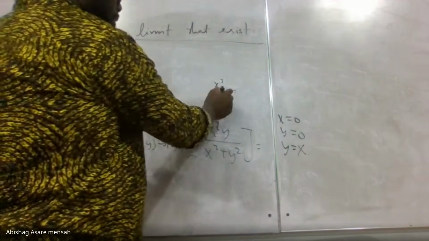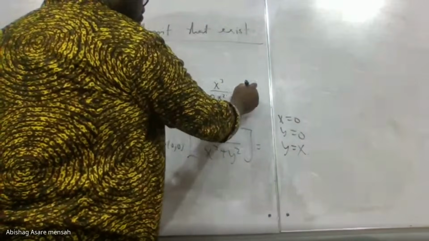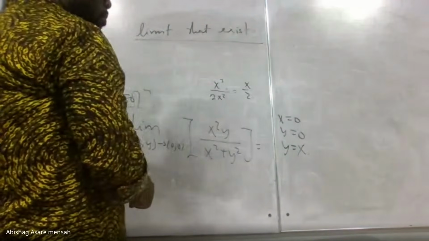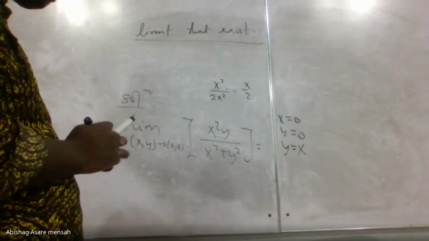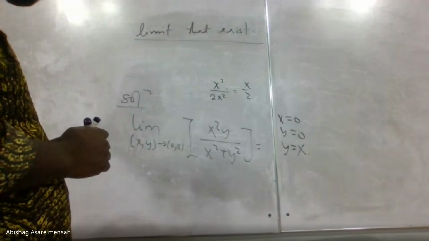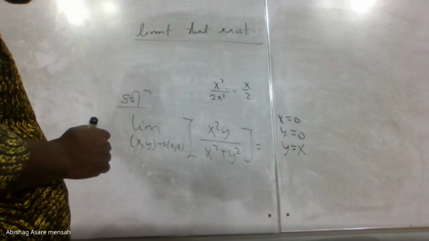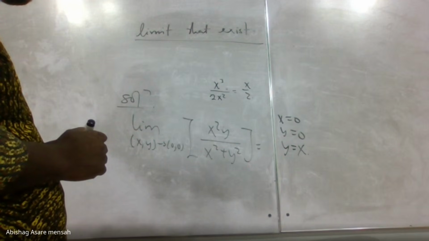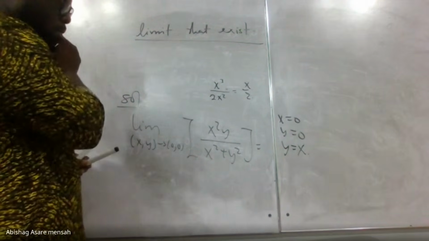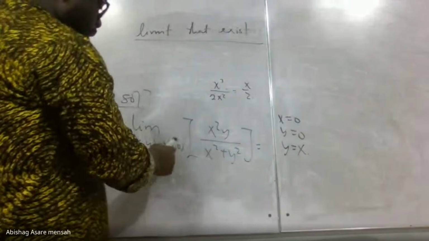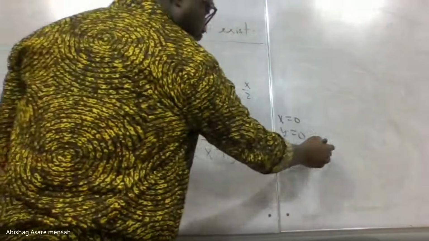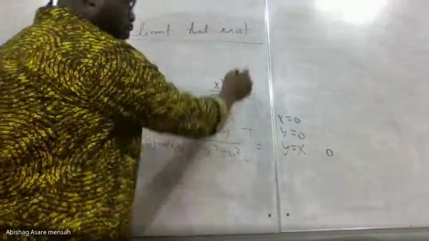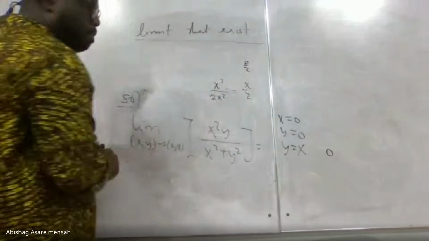So this one is x over 2, and you find the limit. So remember x will be moving to 0, so also you have 0, or 0 over 2. You agree?